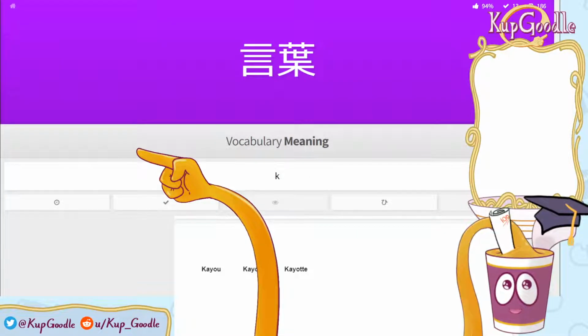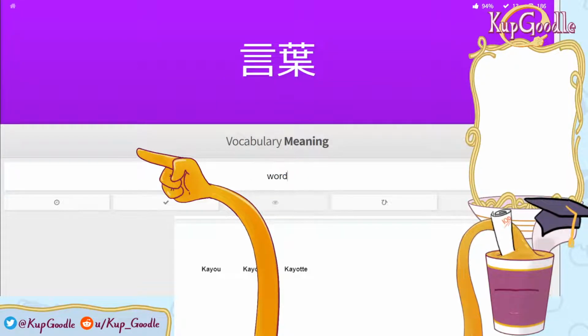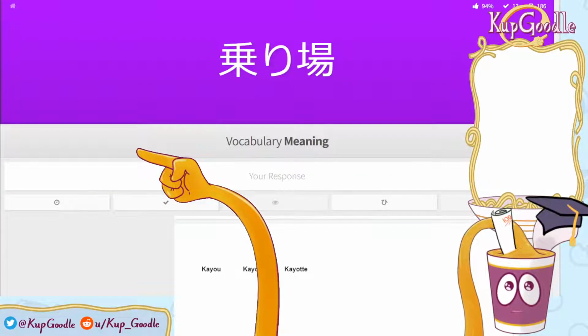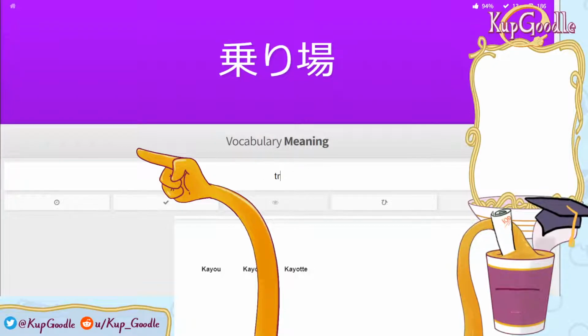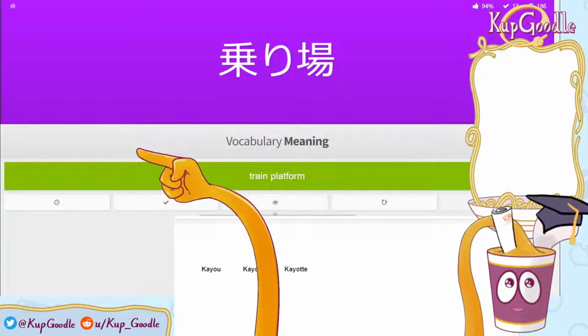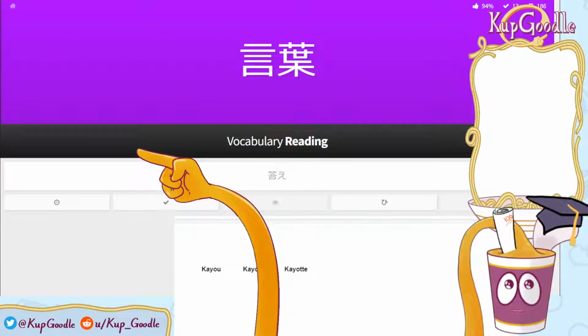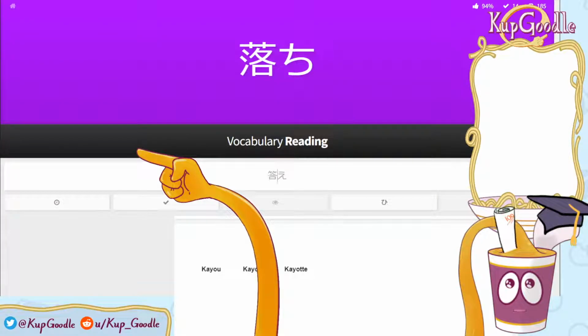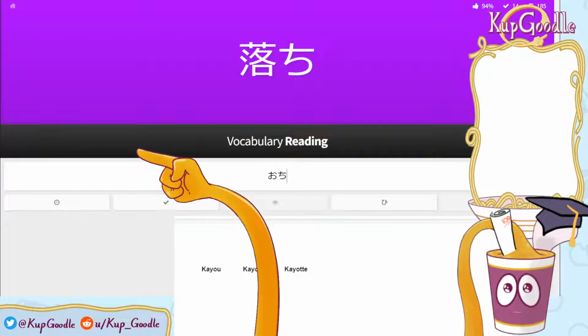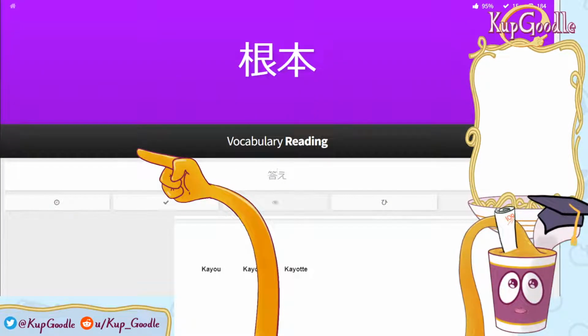A speaking leaf is a word. Noriba. That is a train platform or a bus stop, a ride place. Kotoba. Ochi. That's ochi, right? Yeah. That's ochi.